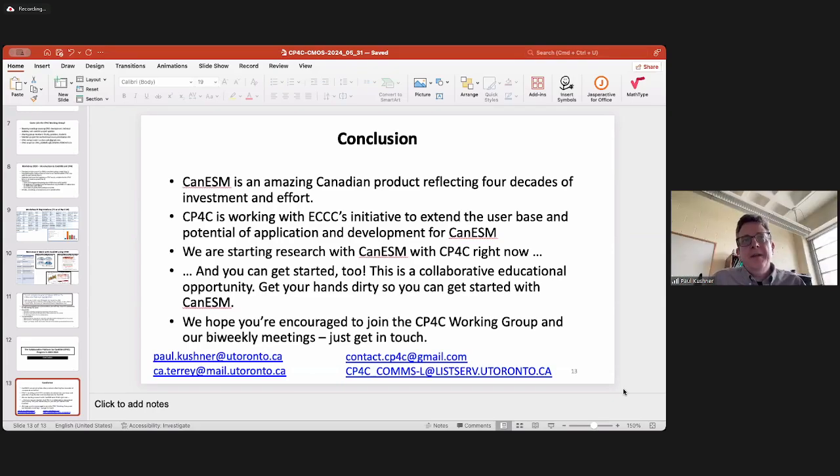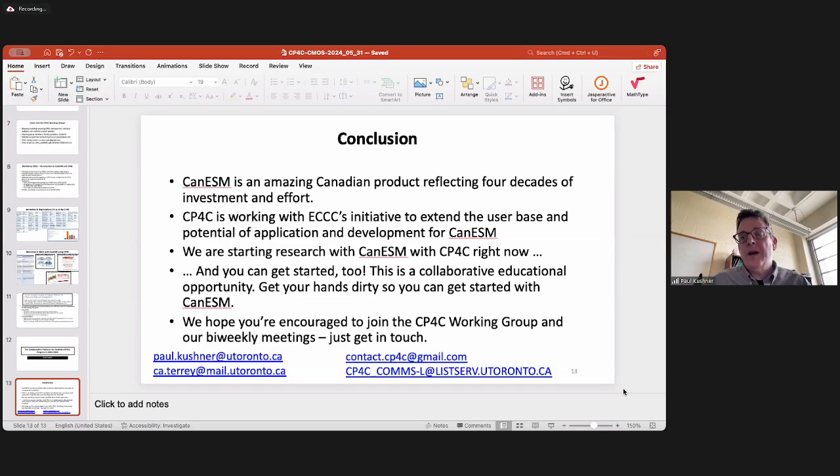About the lag, CP4C in some ways has also been testing some new functionality of the whole modeling system, like the running environment for CanESM under CP4C, which, as you know, Ivy, is different. So I think it's going to be a matter of prioritization and scientific validation of new versions of the model, and I don't think it's a simple question to answer.